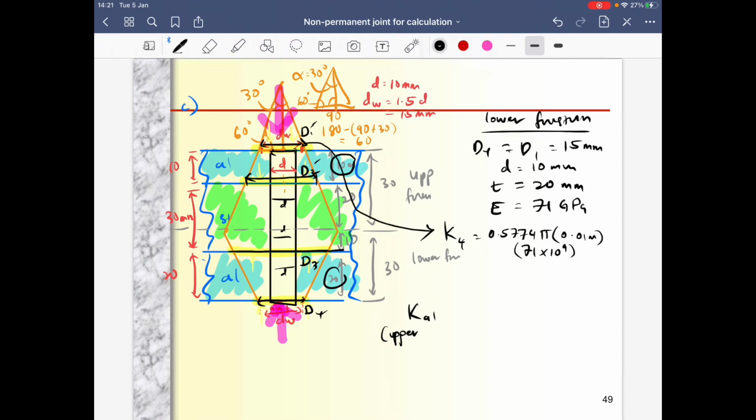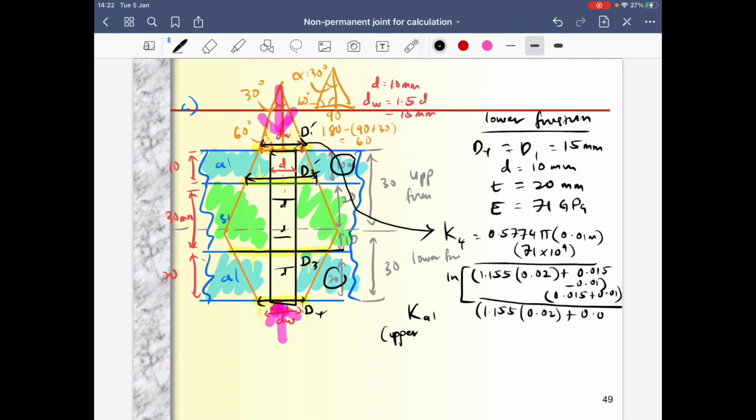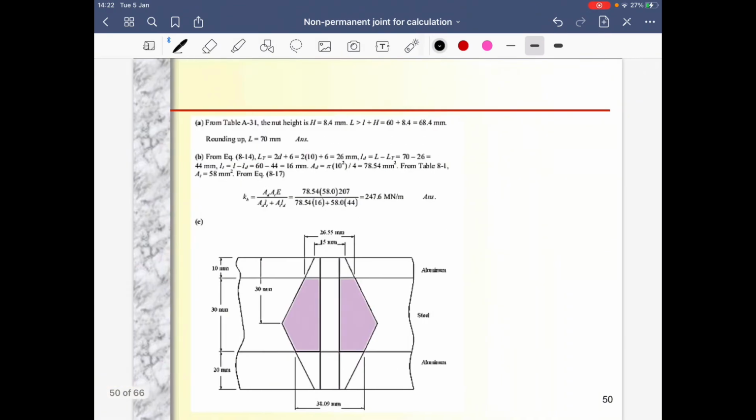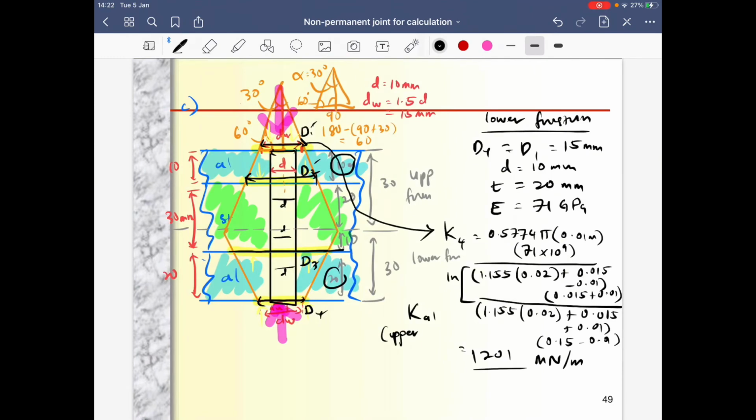Then divided by the load, first one is, okay, so it is 1201 meganewton per meter.